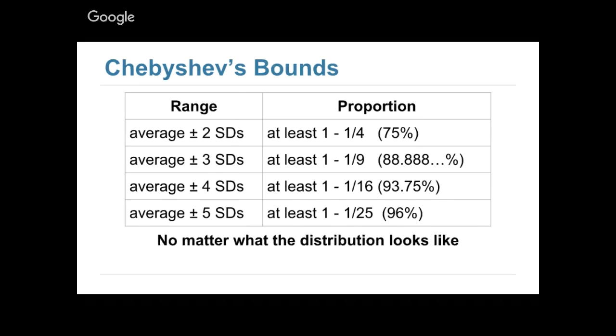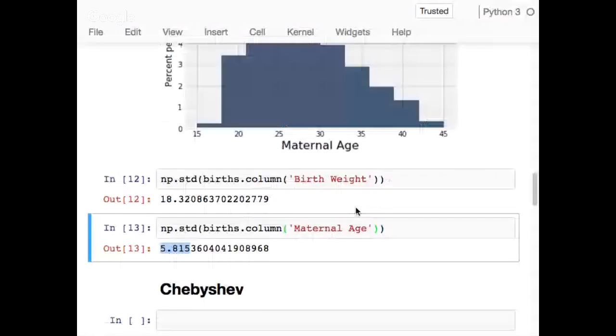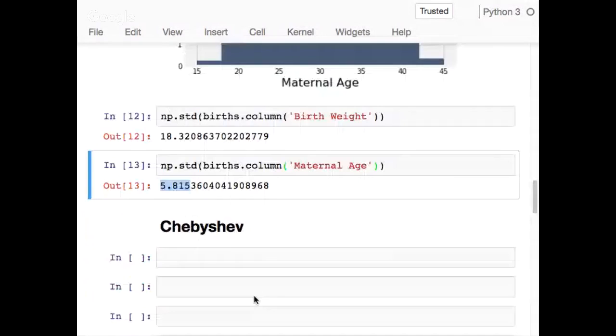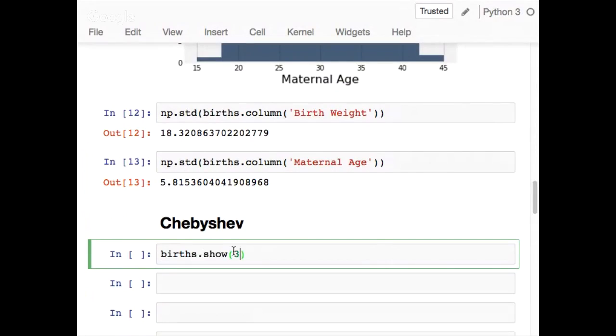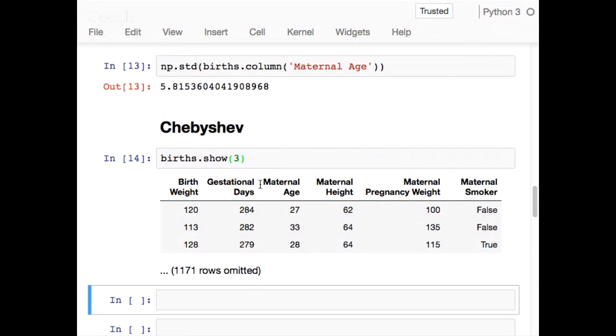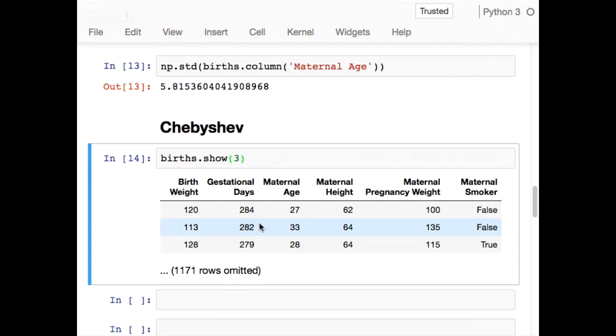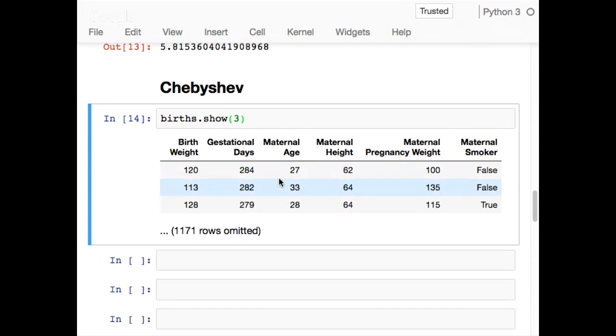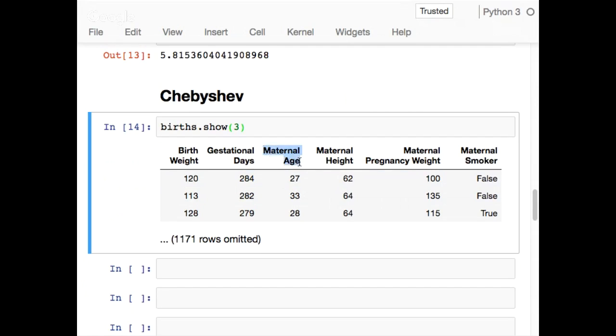Let me show you that it works, at least on our baby data set. So here is our births table. What I'm going to do is find out how many fell between plus minus 2 standard deviations in my maternal age column.